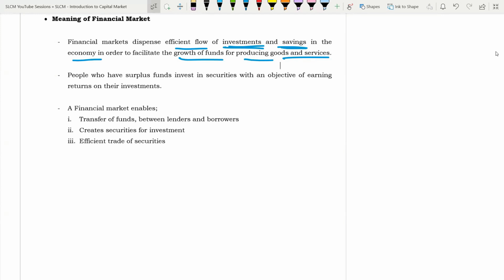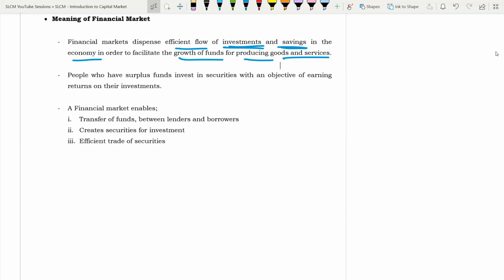So one aspect is that if they have surplus funds, why don't they provide this money to the business? And the business, when it is going to earn profits, it is going to give that money back to the investors with growth in their money, whether it is in the form of dividend, or in the form of increase in the capital, that is increase in the price of the shares, or whatever be the mode of returns.